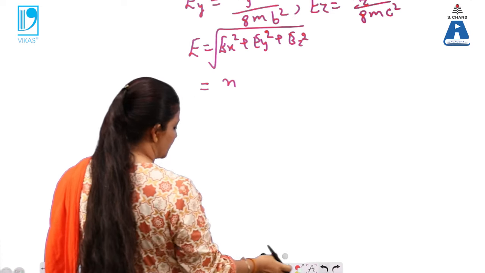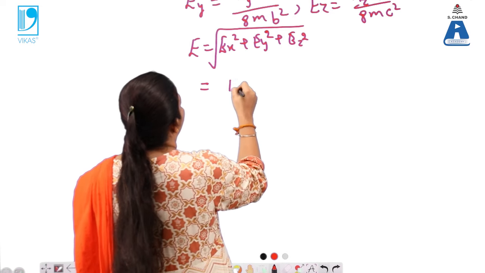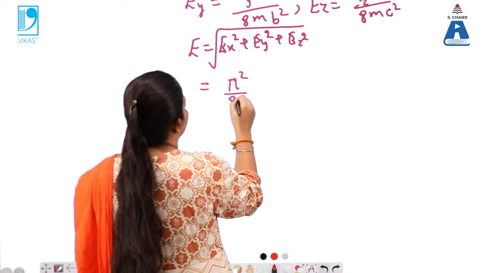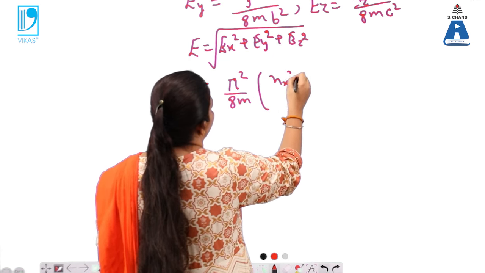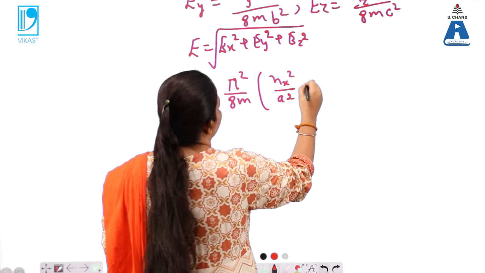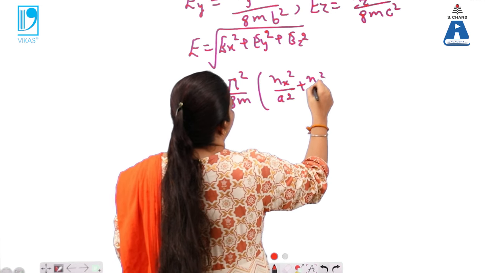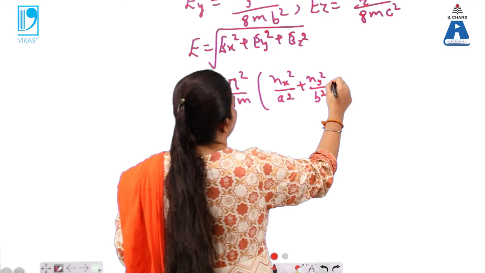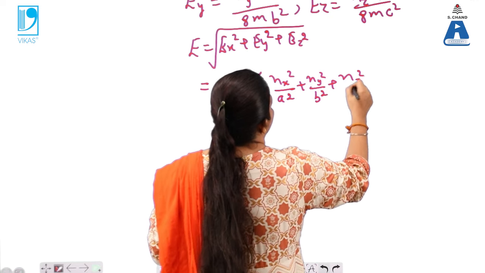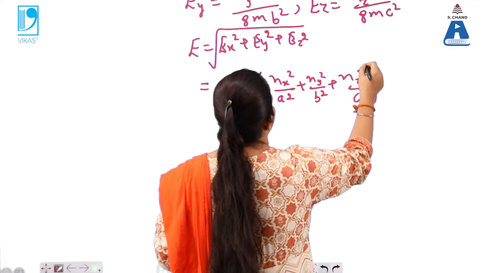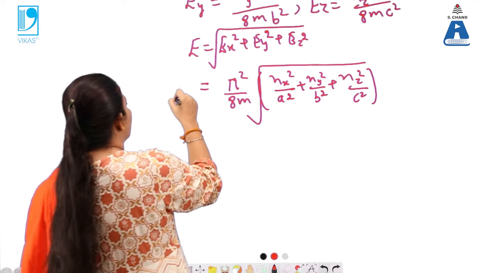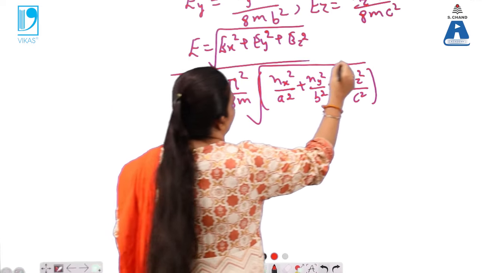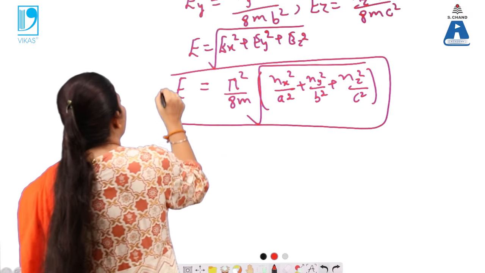now in this case, pi square upon 8m will be taken out. So that will be equal to nx square over a square plus ny square over b square plus nz square over c square. Now this is the total energy eigenvalue for the particle trapped in the 3D box.